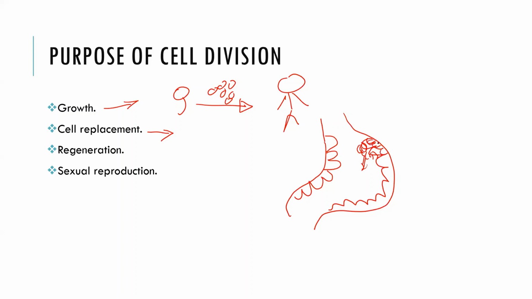That occurs by cell division. And for cell regeneration, if you develop a wound, or if you remove a part of your liver, it regenerates new tissue to replace the lost tissue. And for sexual reproduction, to produce a new organism, you need cell division.